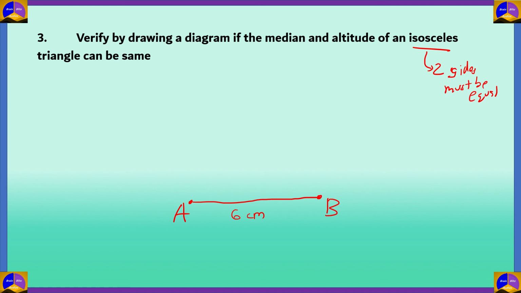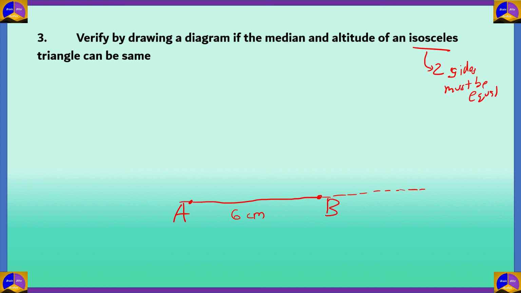Now using your compass at point B, measure 8 centimeters. Widen the compass to 8 centimeters using a ruler. So it will be right there.